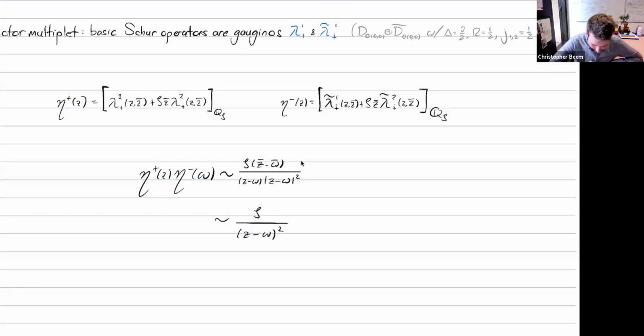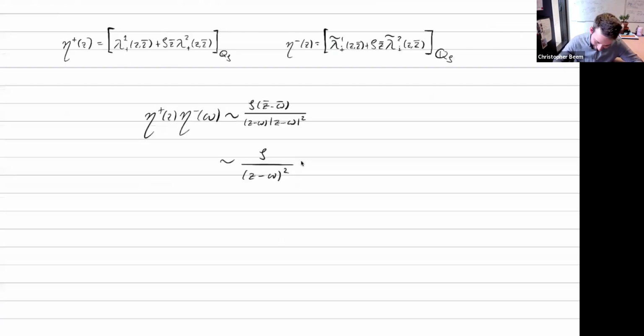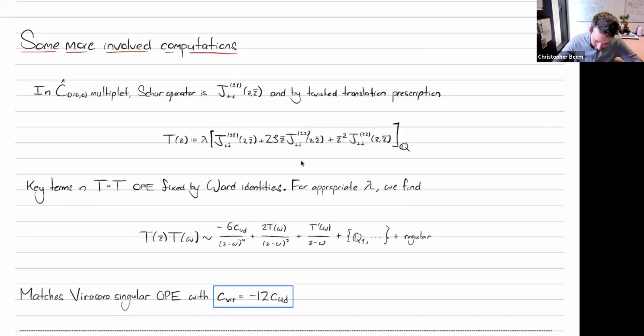So I sort of hid the utility of having done that in these examples because there are no other terms that show up which are Q exact. So I'll take this as an excuse to show the first part of the next slide, which was the case where this doesn't happen. If you look at the operator that you get in the stress tensor multiplet, you build a similar sort of thing.